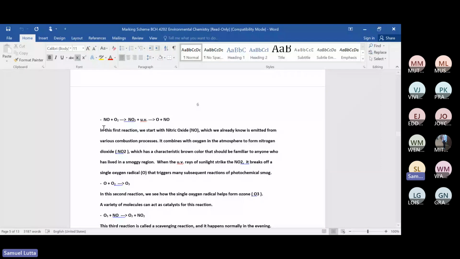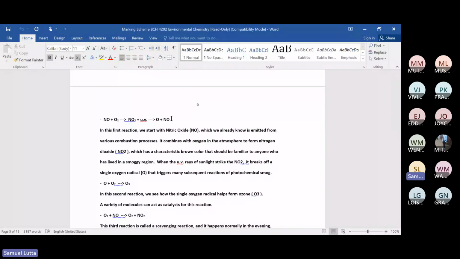So the first equation during the formation of smog is that nitrogen oxide, which is emitted from the various combustion process, combines with oxygen to form nitrogen dioxide, and then this nitrogen dioxide, again, in presence of UV light, breaks down to form oxygen plus nitrogen monoxide.